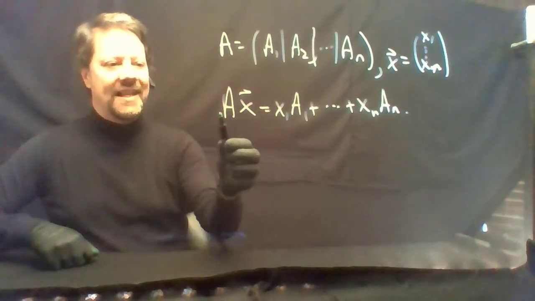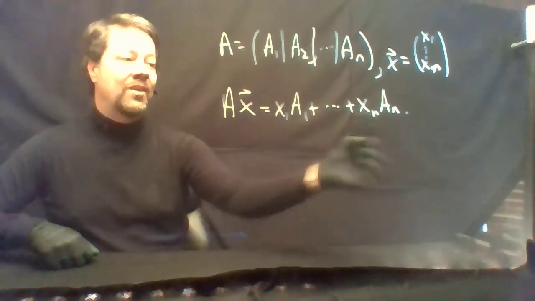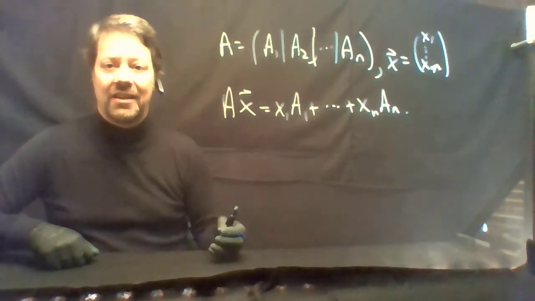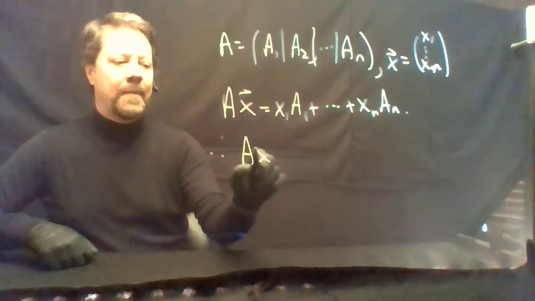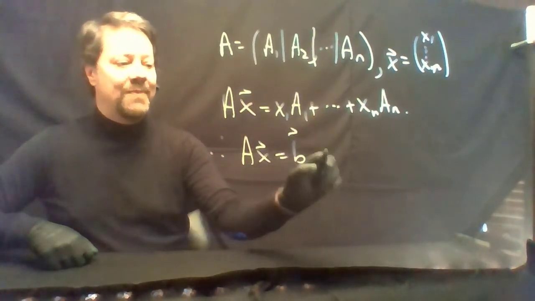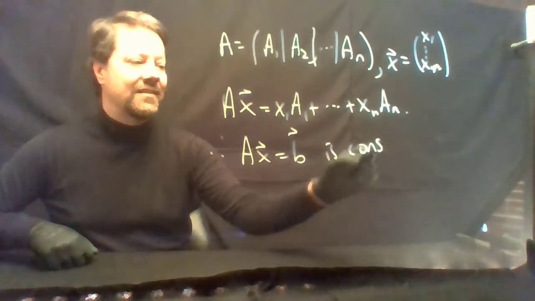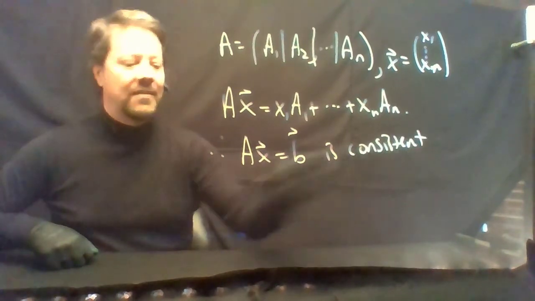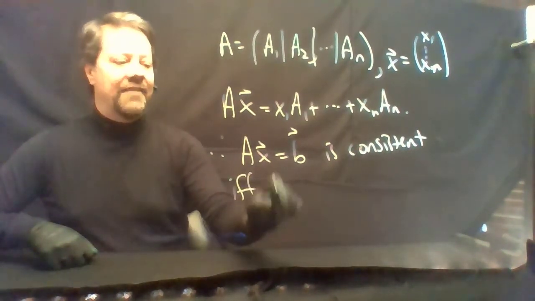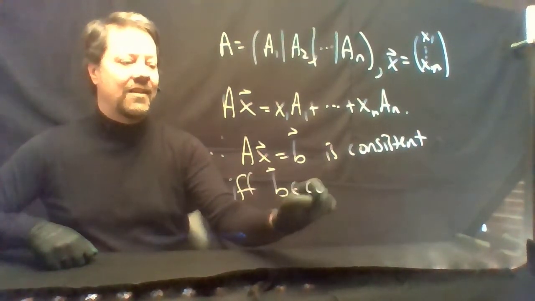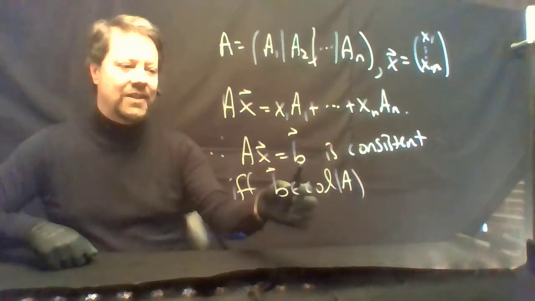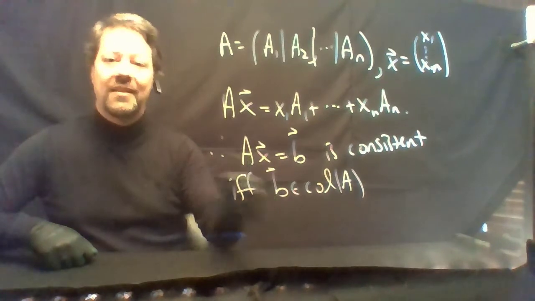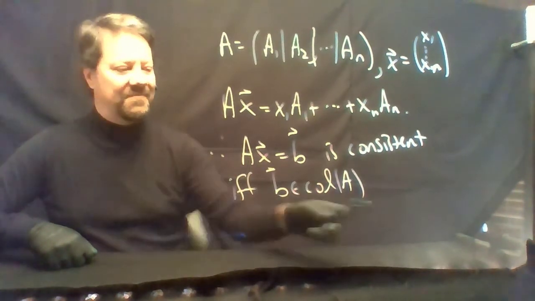That means when I take the matrix A times X, what I get is a linear combination of the columns. Therefore, AX equals B is consistent if and only if B is in the column space of the matrix A. It has to be expressible as a linear combination of the columns of A.